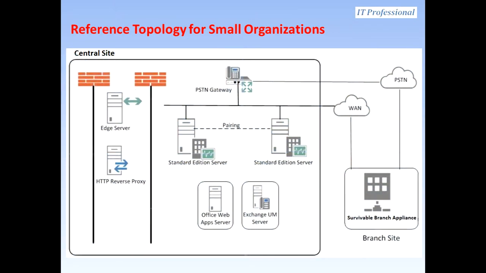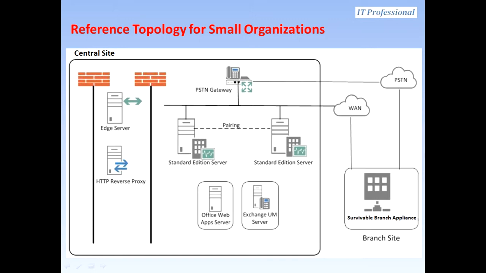Reference topology for small organizations. Here we have standard edition server, two of them. We can have only one standard edition server per pool, and we used two standard edition servers pairing together to have the high availability in case of failover.